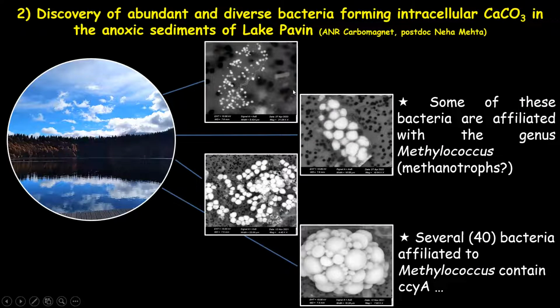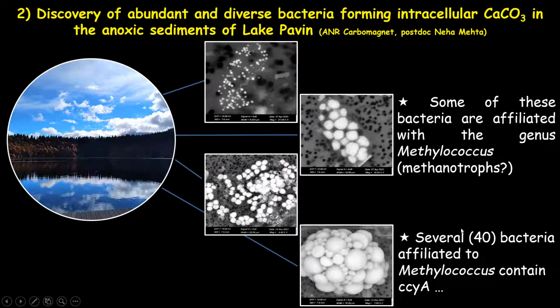The funny thing is that some of these bacteria could be micromanipulated. The DNA was extracted and sequenced. And it shows that some of these bacteria belong to this genus, which is called Methylococcus. I had no clue what it was several months ago, but it's possibly, we don't know, a methanotroph.